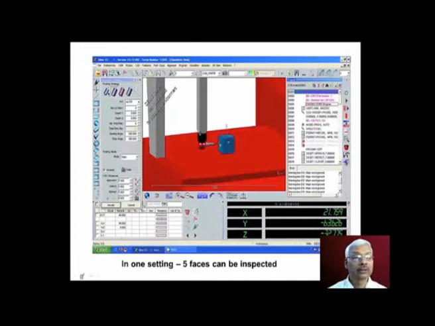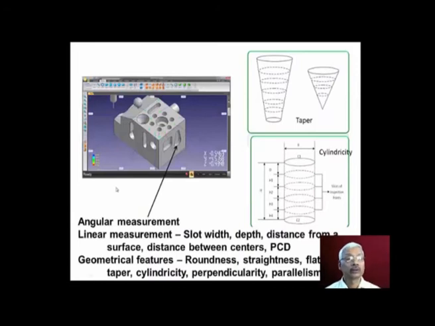Now in one setting, 5 faces can be inspected. All the 5 surfaces, the features available in the 5 surfaces can be checked. Now you can see here we have a very complex workpiece, and this is the probe, contact type probe. This workpiece has many features.